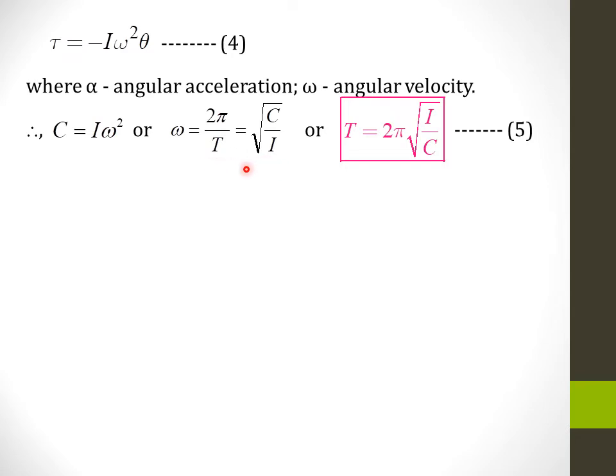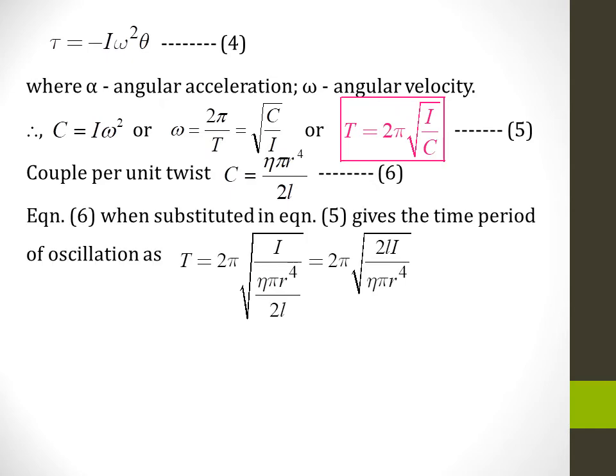We now rearrange the terms of these two equations and we obtain the time period of the torsional oscillation of the circular disc to be equal to 2 pi square root I by c. The couple per unit twist which we obtained in the previous derivation is given by c is equal to eta pi r power 4 divided by 2l.